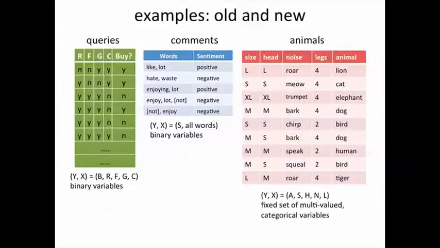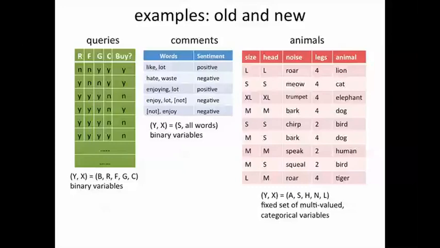Imagine a baby observing various animals and wants to figure out which animal is of what name. So we have various features: the size of the animal, the size of the head, the noise the animal makes, the number of legs it has, and the animal itself.